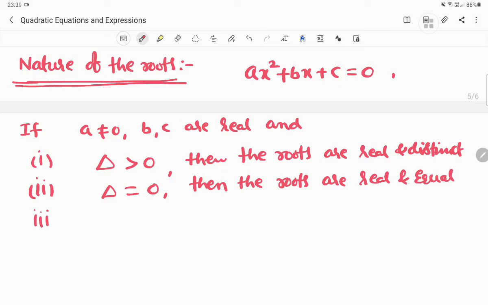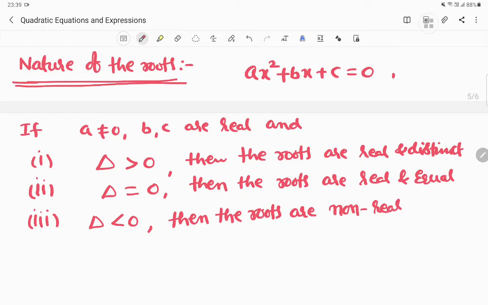The third one: delta is less than 0, then the roots are non-real, meaning imaginary or complex numbers, conjugates of each other.